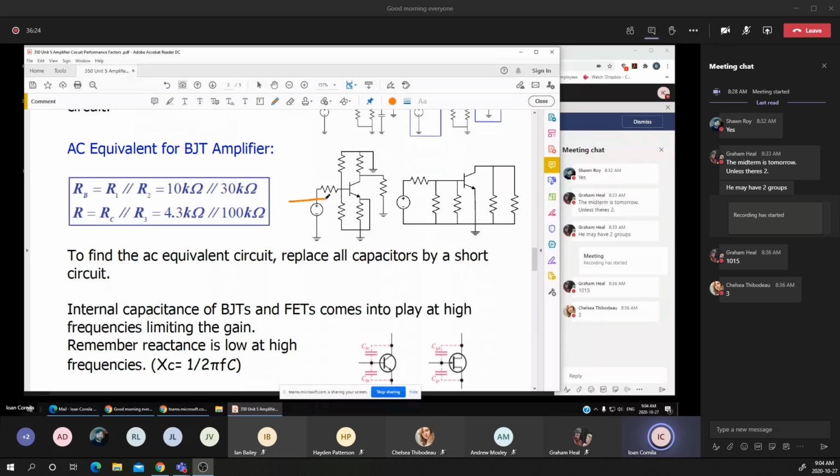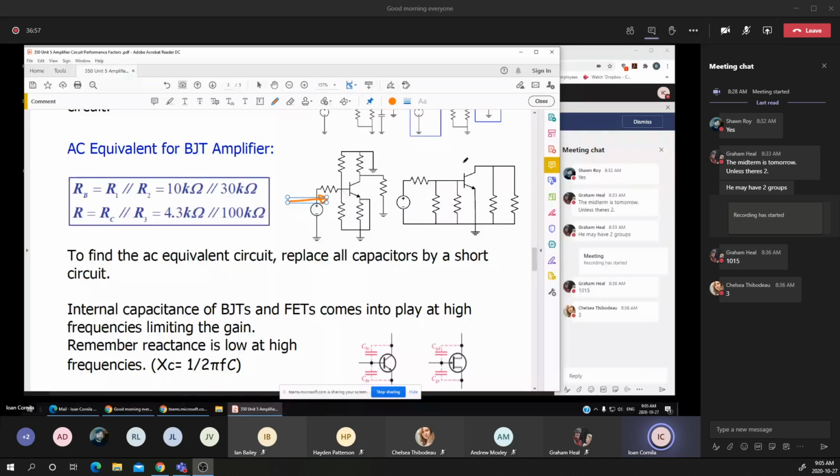Now, if I'm looking into the circuit from the input voltage, I'm seeing the resistors connected to the ground. Means that in the analysis of this circuit, you notice that I have the R1 connected to the ground, the R2 connected to the ground, and on the load side, on the collector, I have the RC connected to the ground and the RE connected to the ground.